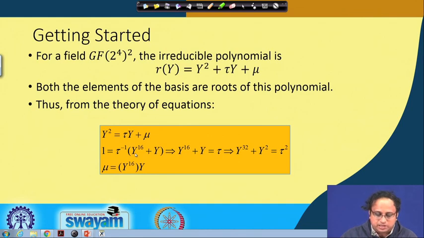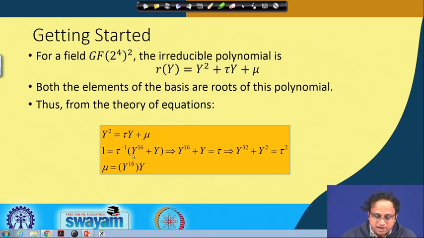Now note that y power of 16 and y are both roots of this irreducible polynomial. From the theory of equations, you know that the sum of the roots, that is y power of 16 plus y, will be equal to tau. Plus and minus are the same because it is GF2 arithmetic.